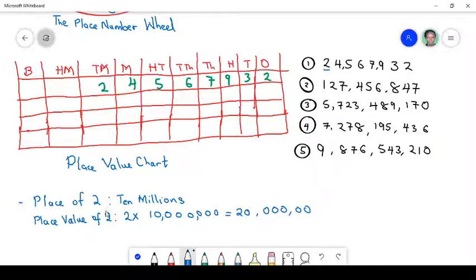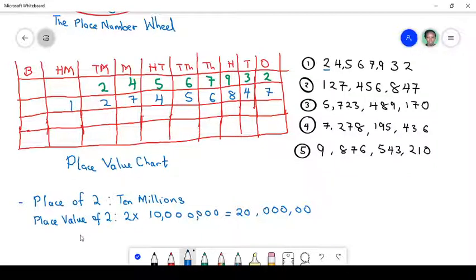But the place of 2 is actually in the 10 millions. Let's look at the second example. I have 7 ones, 4 tens, 8 hundreds. You have 6, 5, 4, 7, 2, and 1.